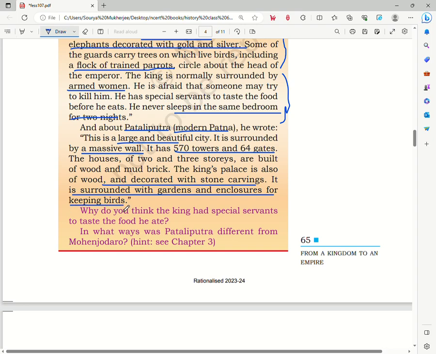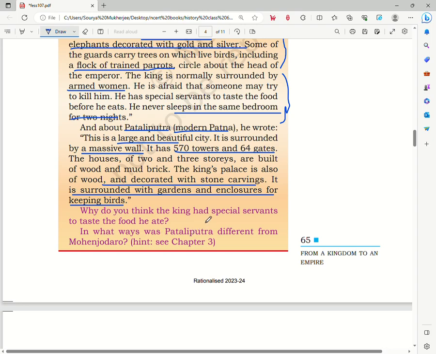So we see that the walls that were present around the capital city of Pataliputra had a lot of towers and a number of gates, and there were also multi-storied buildings that were present in the city, and all these buildings, including the royal palaces, were mainly made of, in case of the common people, mud and wood, and in the case of the royal palaces, they were with wood and also included stone carvings.